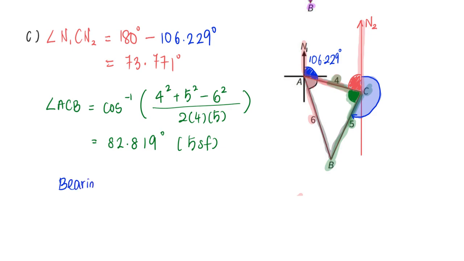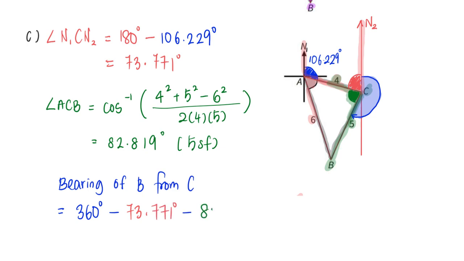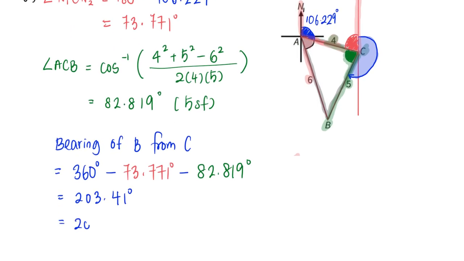So the bearing of B from C would then equal 360 degrees minusing my red color angle minusing my green color angle to give me this final answer: 203.41 degrees, final answer 203.4 degrees, 1 decimal place.